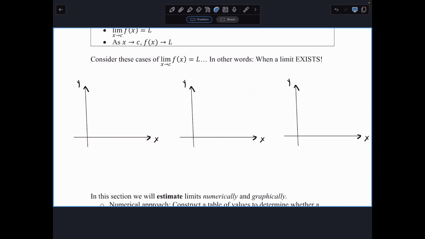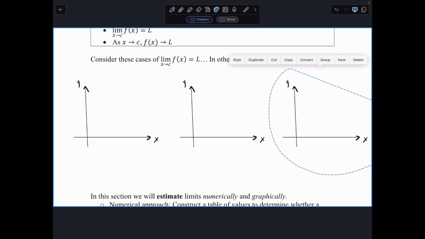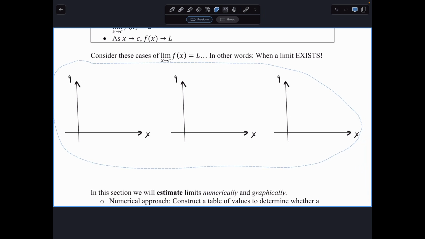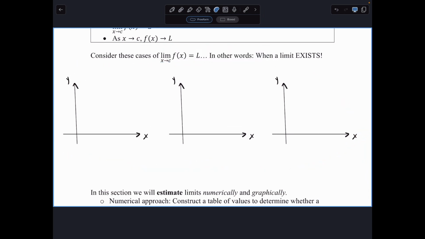Okay, so I'm drawing the examples of the 3 cases whenever the statement above, so the fact that the limit as x approaches c of f of x is equal to L. So the first case is, let's say that this is the function f.